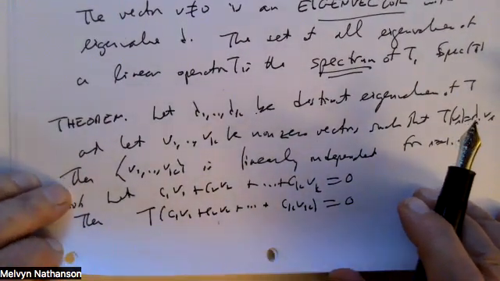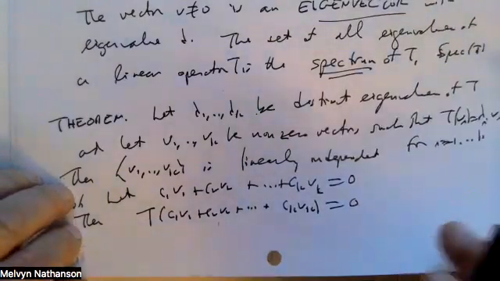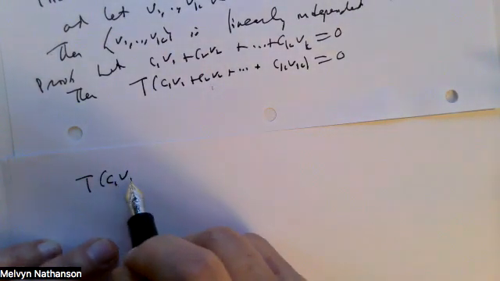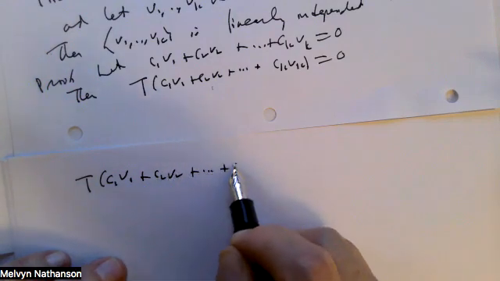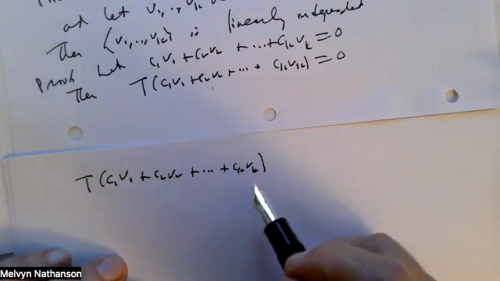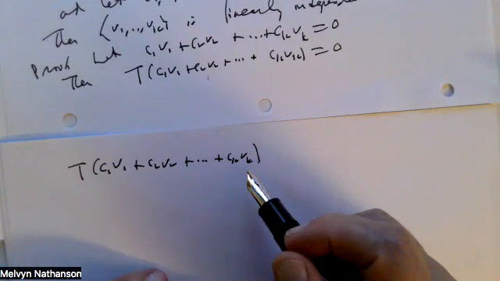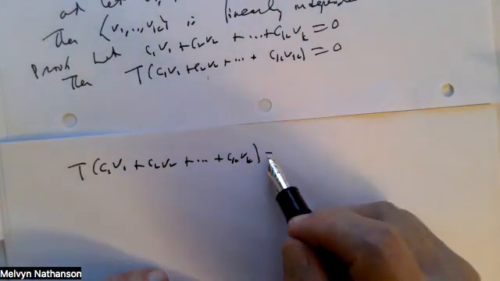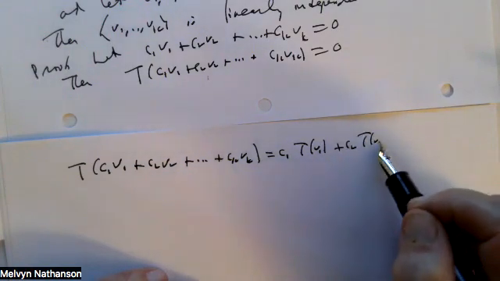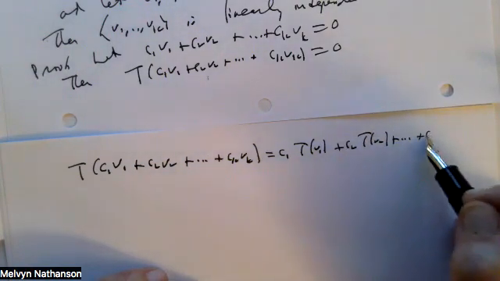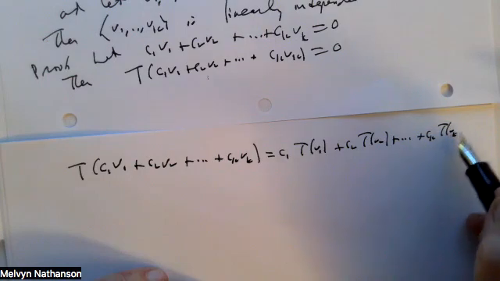On the other hand, T of c1v1 plus c2v2 up to ckvk, because T is a linear operator, is c1 T of v1 plus c2 T of v2 up to ck T of vk.